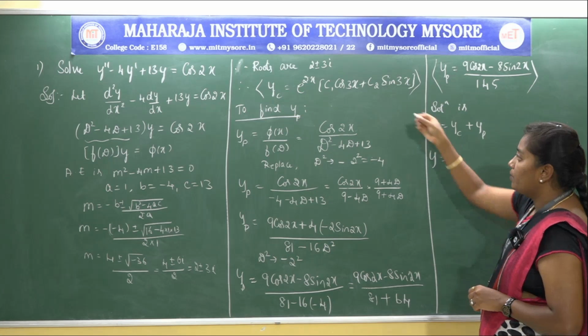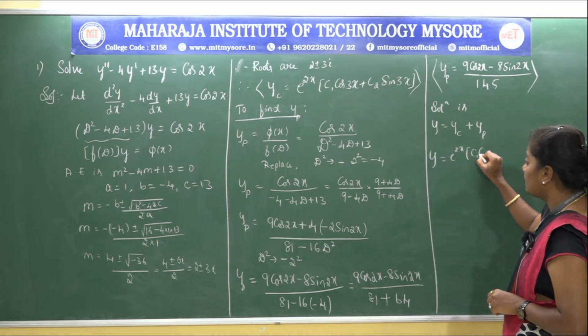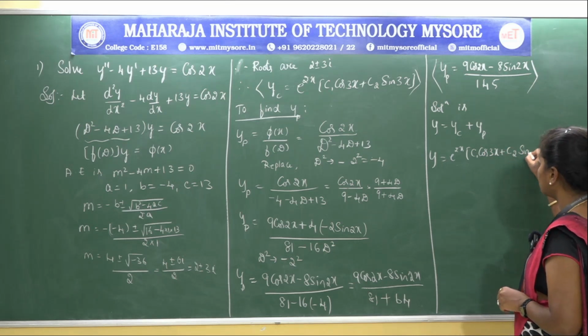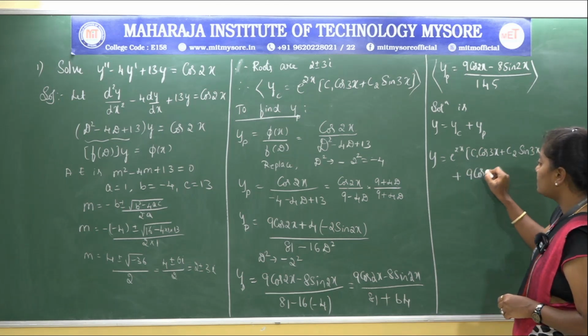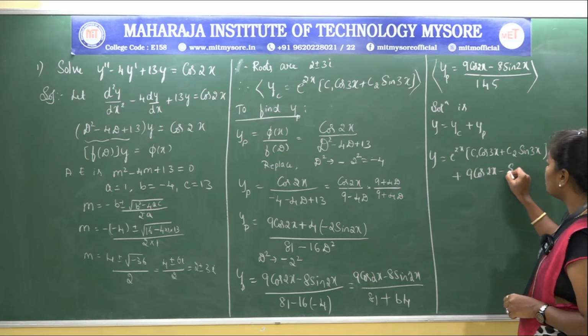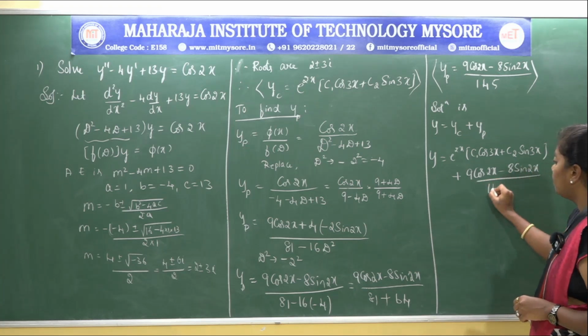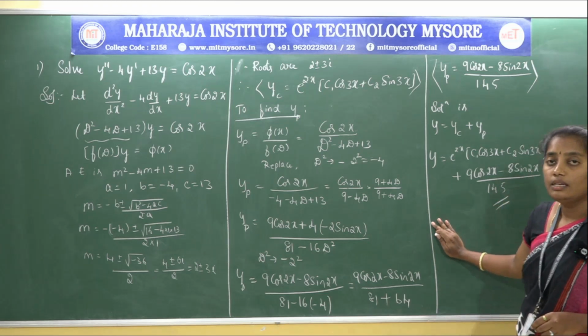That is, y is equal to e power of 2x into c1 cos 3x plus c2 sin 3x, plus 9 cos 2x minus 8 sin 2x divided by 145. So this is the complete solution of the given problem.